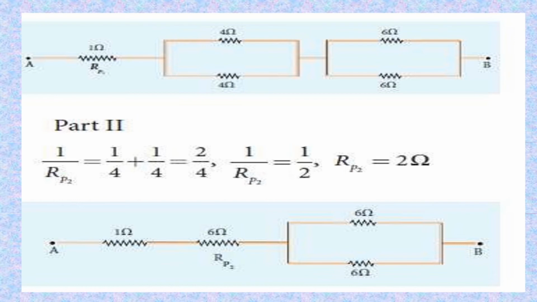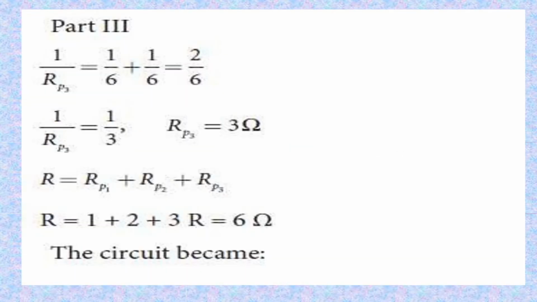And now we have sorted out two portions of this complex circuit. So now moving towards B, we have the third part, and in the third part again we have to find 1 over Rp3, and Rp3 will be 3 ohms. So now we have Rp1, Rp2 and Rp3.